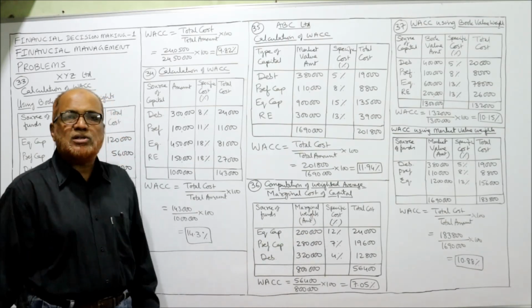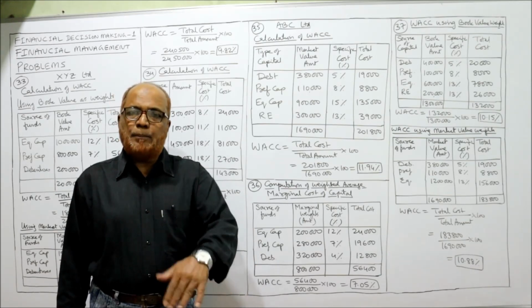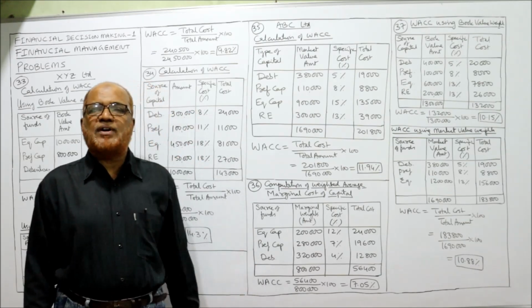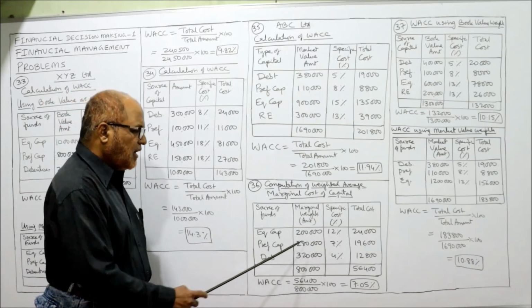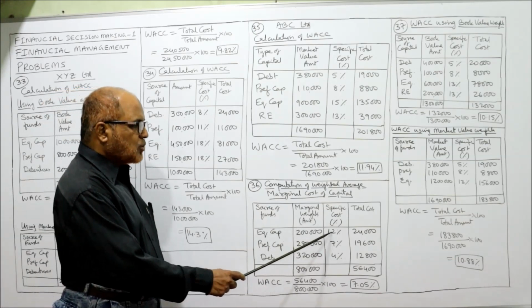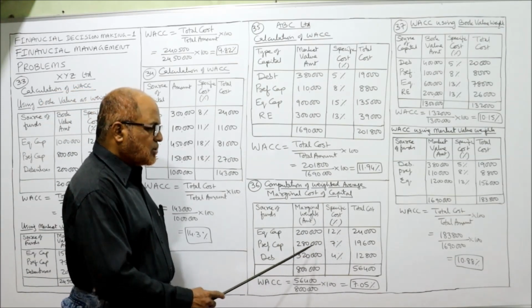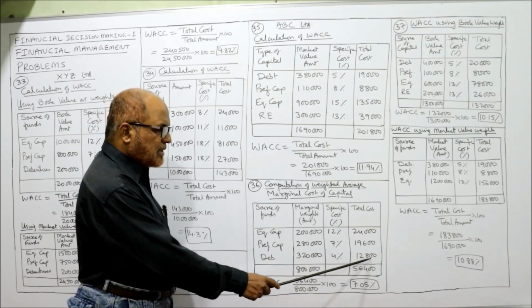And the already existing specific cost will apply. In the previous page, the existing specific cost is given. For equity it is 12%, for preference 7% and debentures 4%. Now multiply 2 lakh into 12%, 24,000, 2,80,000 into 7%, 19,600, 3,20,000 into 4%, 12,800.